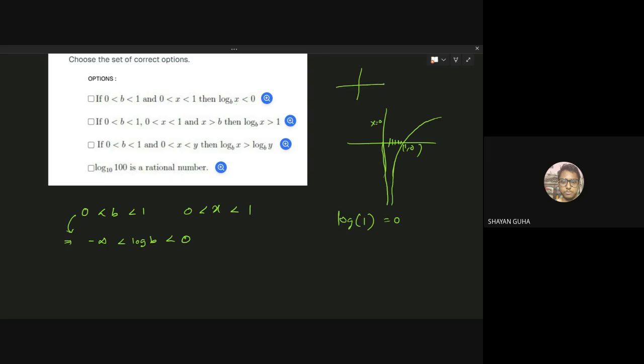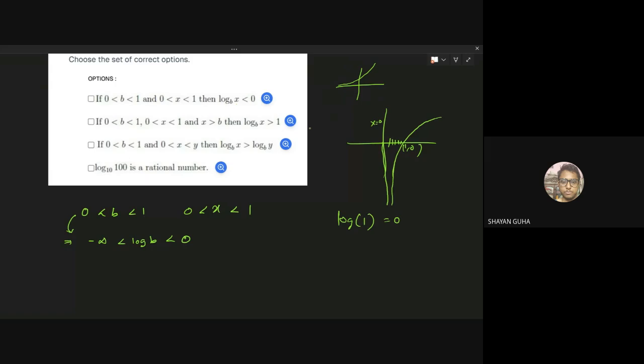We can easily see that if we draw an exponential function graph, the graph will be something like this. The exponential value can never be negative, not even 0. I always have positive values. Since I told you that logarithm and exponential are inverse operations of each other, the domain of one is the range of the other, and the range of one is the domain of the other.